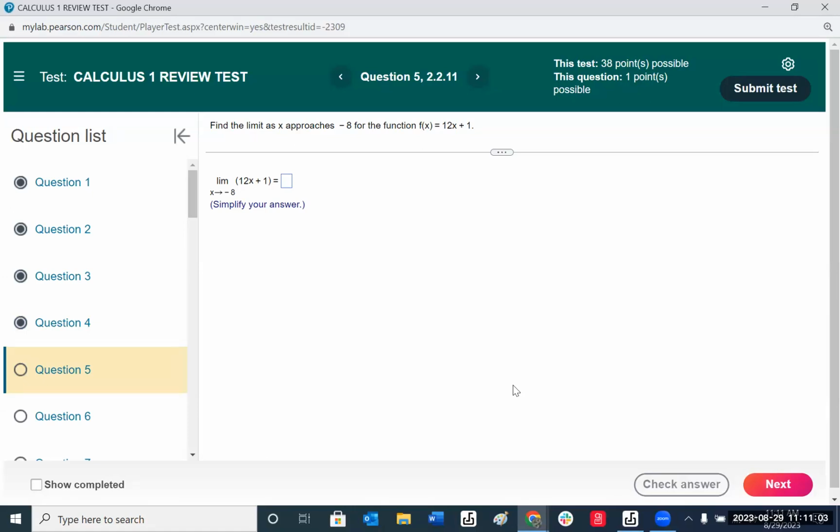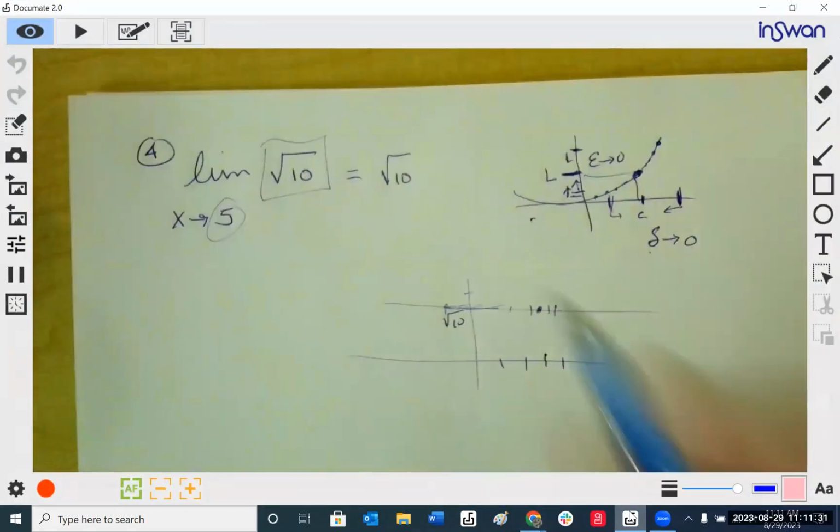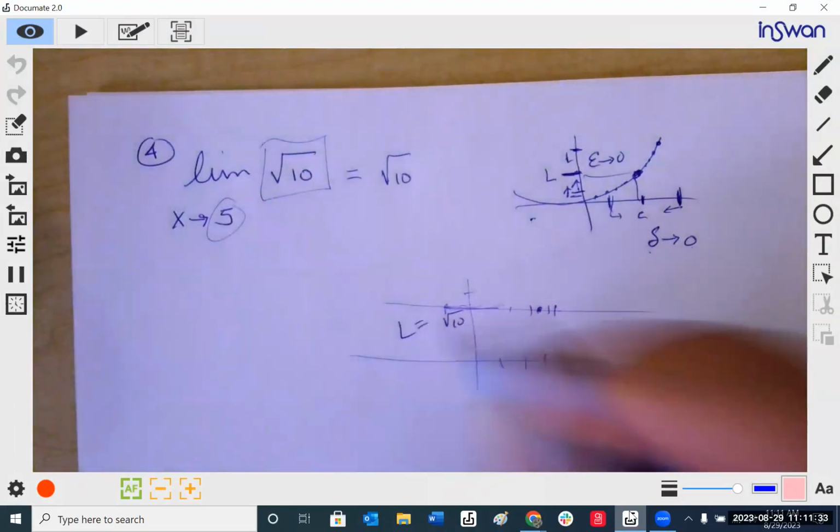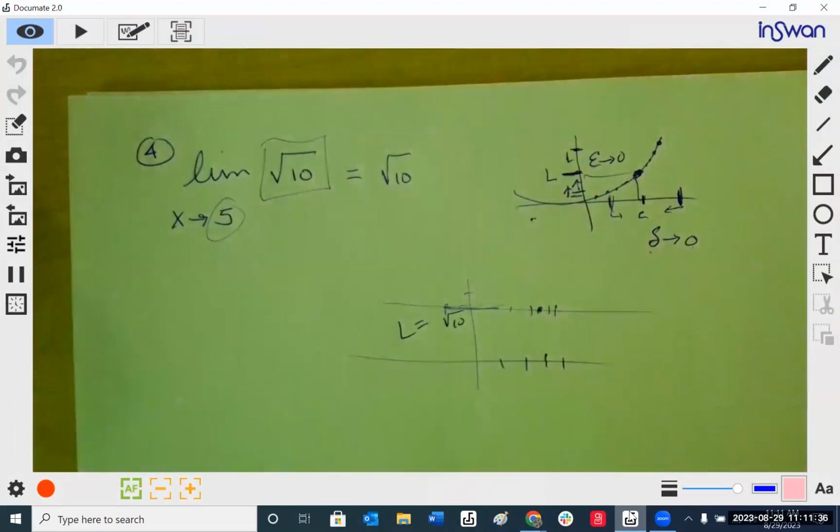Same thing here. If there's no x, it's a constant function, so that's the answer, because it's a horizontal line. Remember, we're looking for the y value. The limit is the y value that you're approaching.